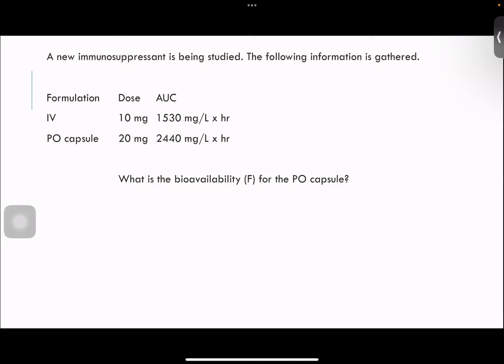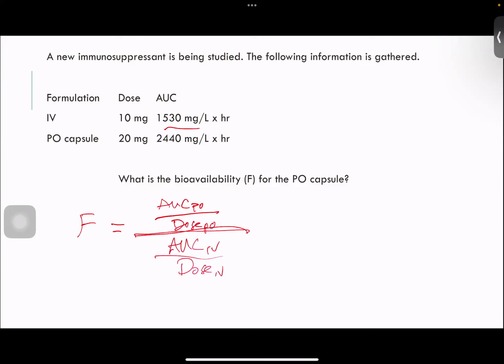Sure, right? We have the gold standard area under the curve for the IV. So we know that bioavailability is equal to what? Area under the curve of the PO over dose of the PO, all over area under the curve of the IV over dose of the IV, right?